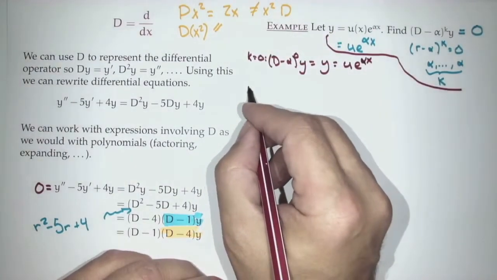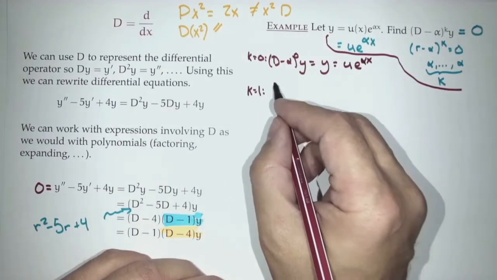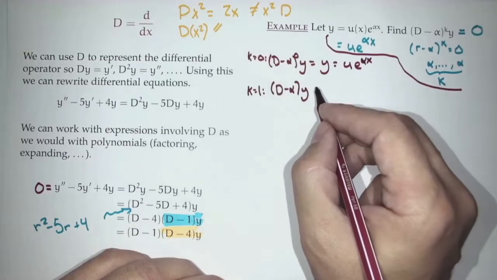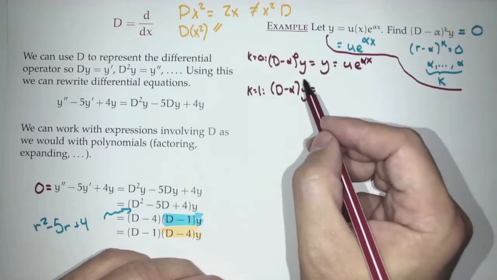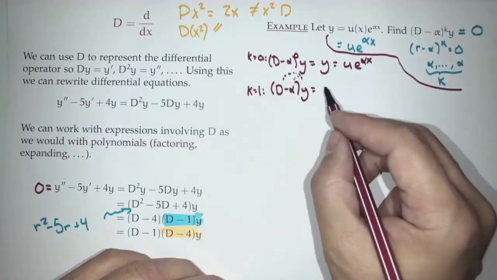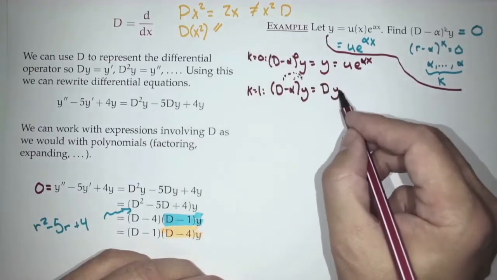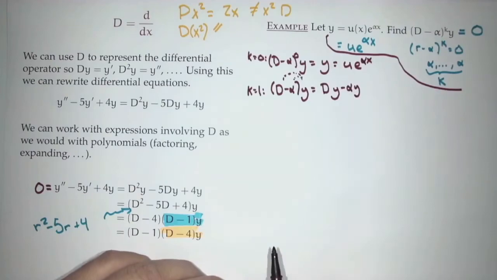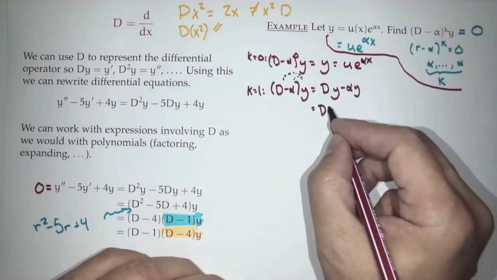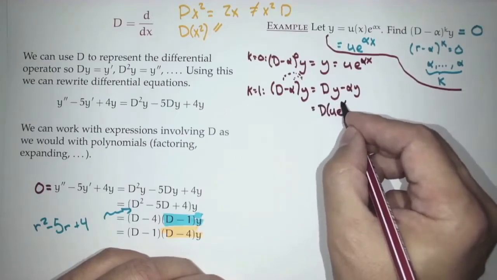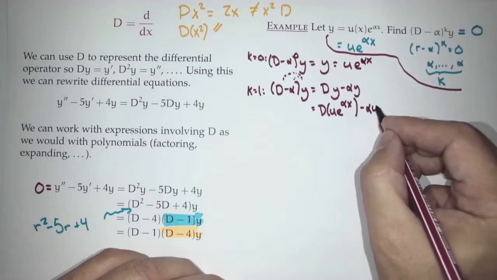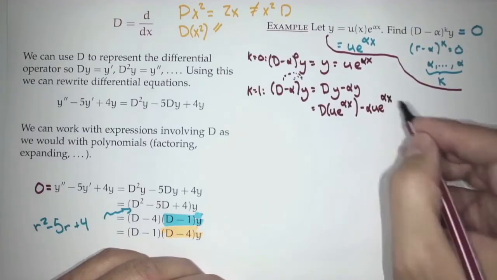Let's go to k equals 1. So that's d minus alpha y. Well, we can distribute through. So we multiply the y through, keeping track of the order. dy minus alpha y. So this is d u e to the alpha x minus alpha u e to the alpha x.